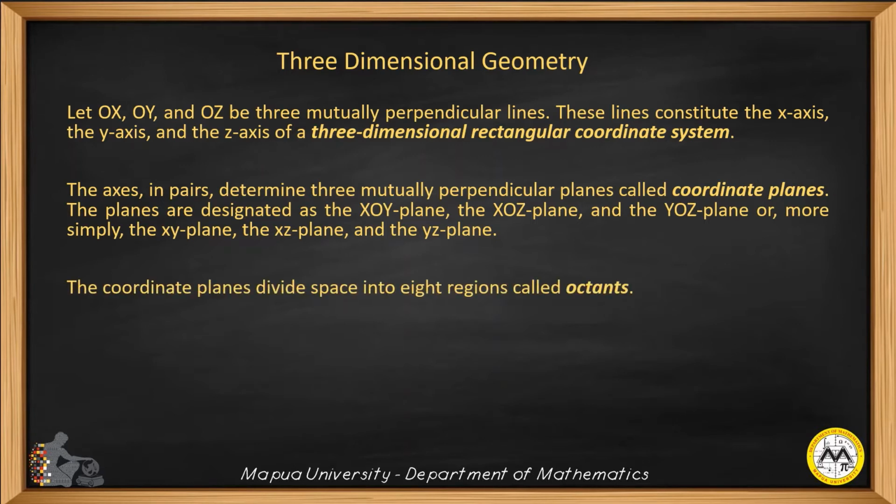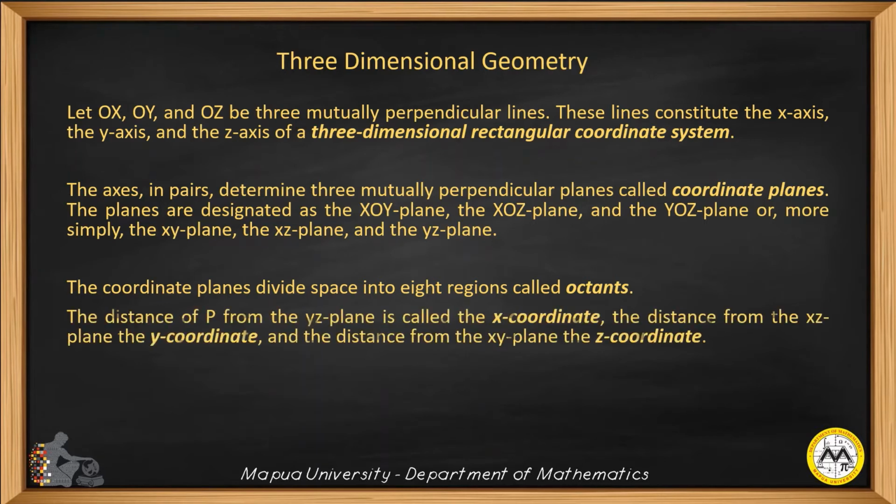So the coordinate planes would be dividing the space into 8 regions that we call octants. If we are to locate a point in space, we need an ordered triple of numbers that would give us the coordinates of the point.